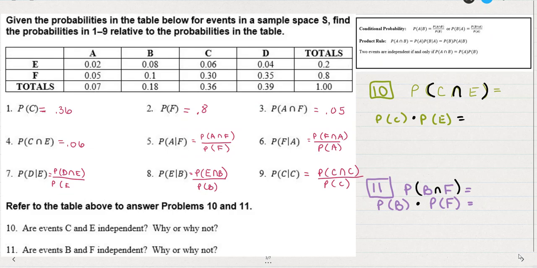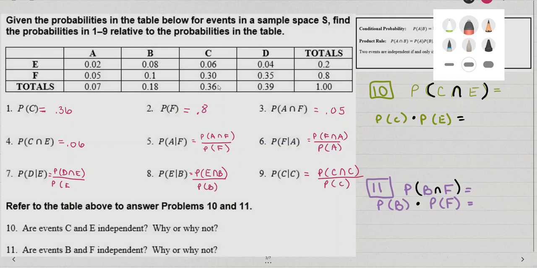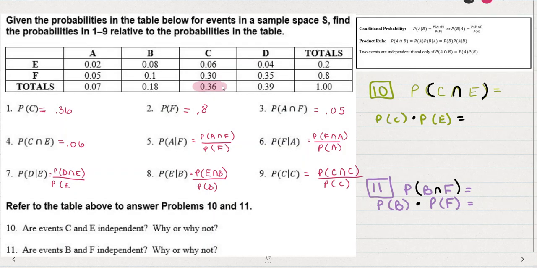Here's our first example. Given the probabilities in the table, for events in a sample space S, find the probabilities relative to the probabilities in the table. Some of these I just pulled right out of the table. We can see that the probability of C is 36 hundredths, just right off of the table, right? The probability of F is 80%.